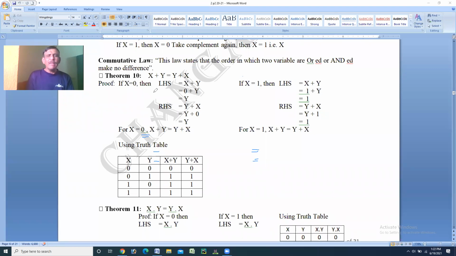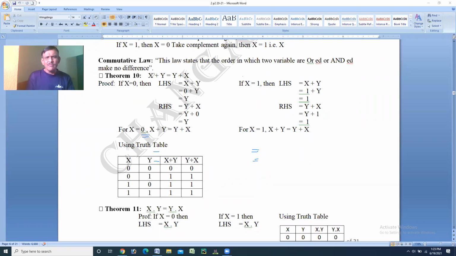So that becomes 2 square, which is 2 into 2, equal to 4. That means to prove this theorem by using a truth table, we need 4 rows. Then you can draw the truth table with 4 rows and 1 row as a heading. Now you can learn how to write the column headings.